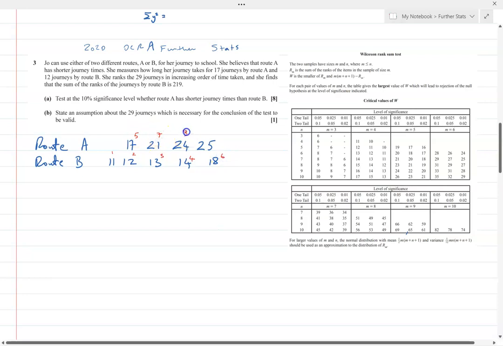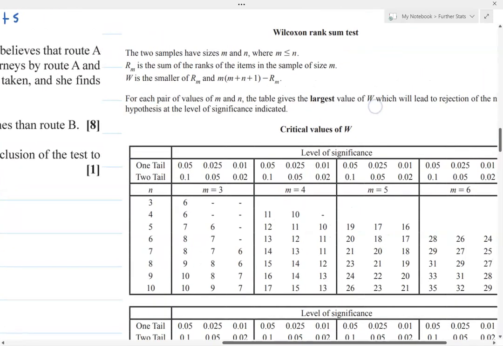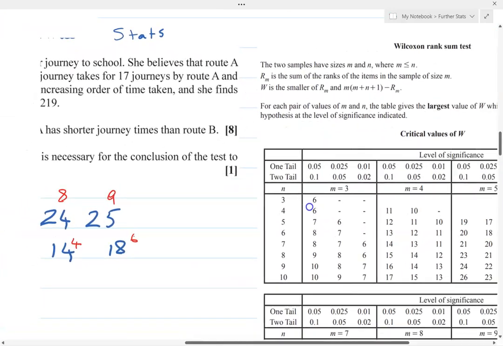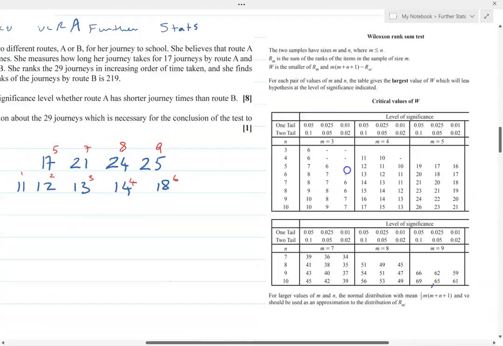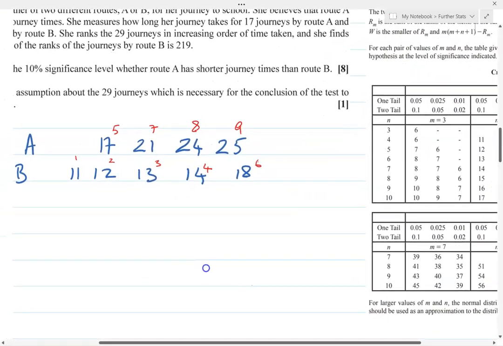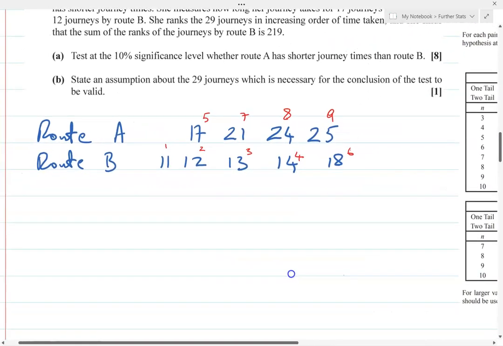7, 8, 9. And what we're told is that RM is the sum of the ranks of sample size M, where M is the smaller number, or arbitrarily either one, if there's the same number in each group.